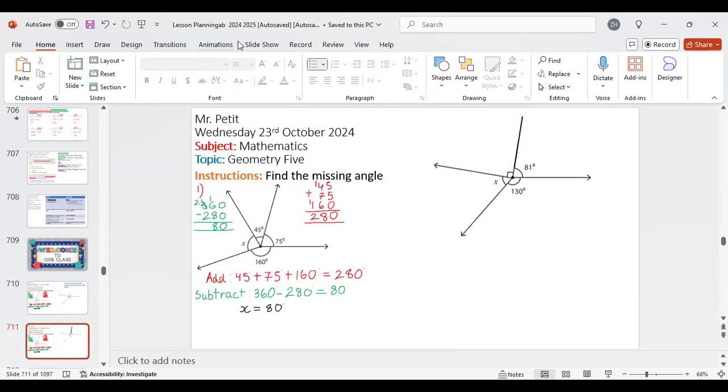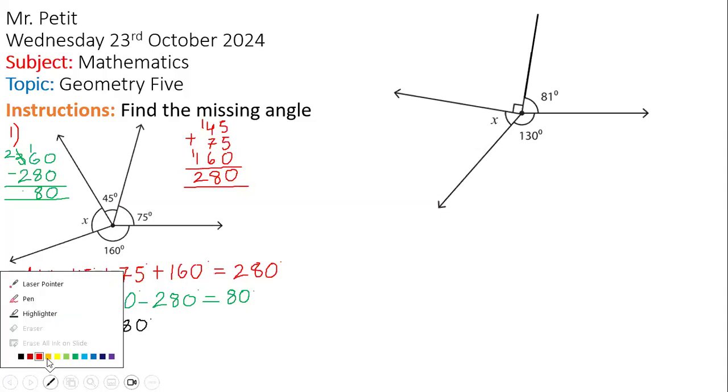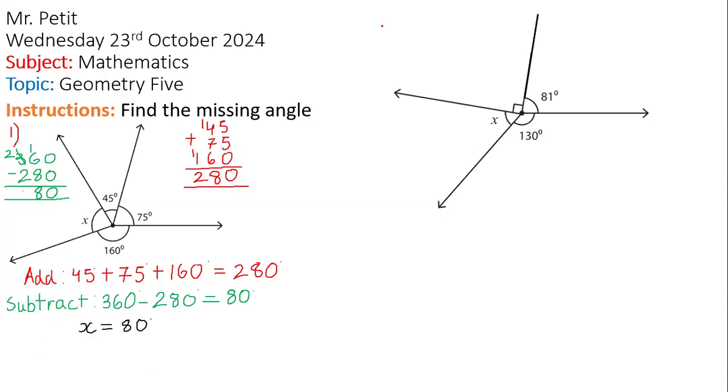Yeah, let's do this one. How are we going to figure out what x is? What are we going to do? Add 130 degrees and 81 degrees.